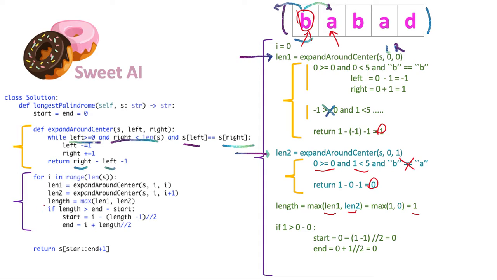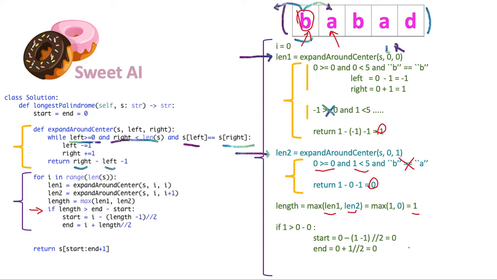And then we check if the length that we got, which is for the letter B, is bigger than the start and end indices that we have here, which from the beginning we set as 0, so we consider that there is no palindromic substring.